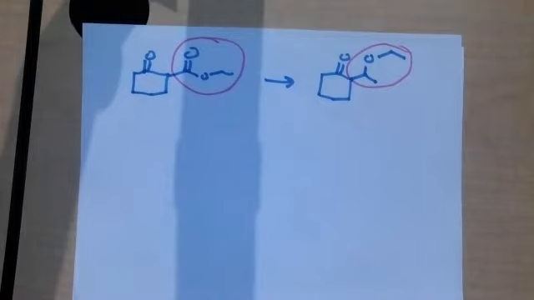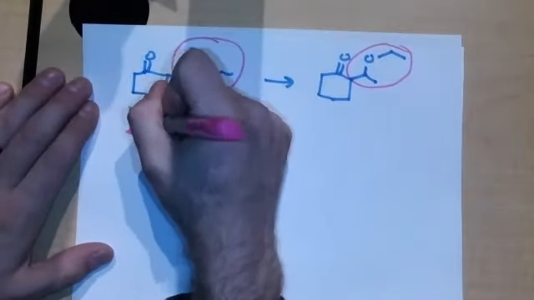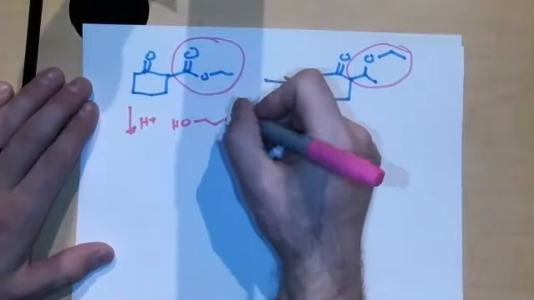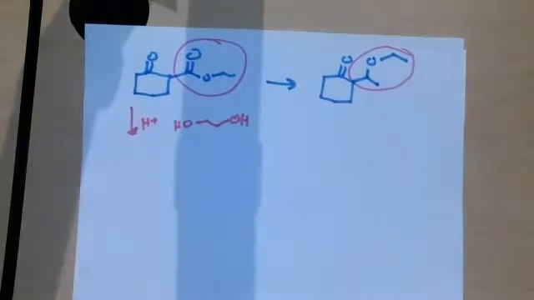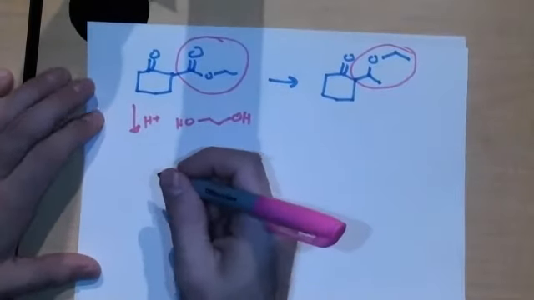So our easiest way to protect these ketones would be to throw in some sort of diol. I'm going to do the 5-membered ring one. You can do the 6-membered ring one. It doesn't really matter. I wouldn't do a 4 or a 7 just because they're a lot less stable.